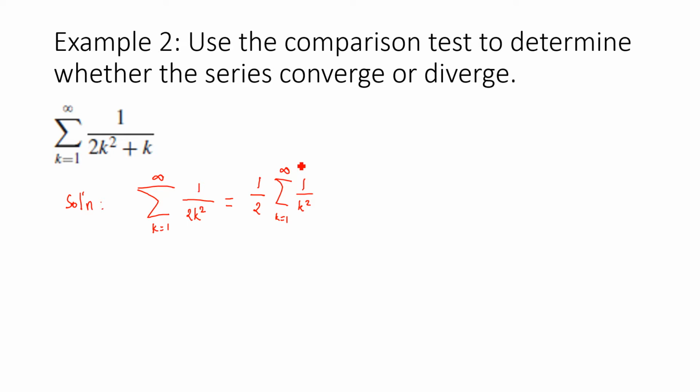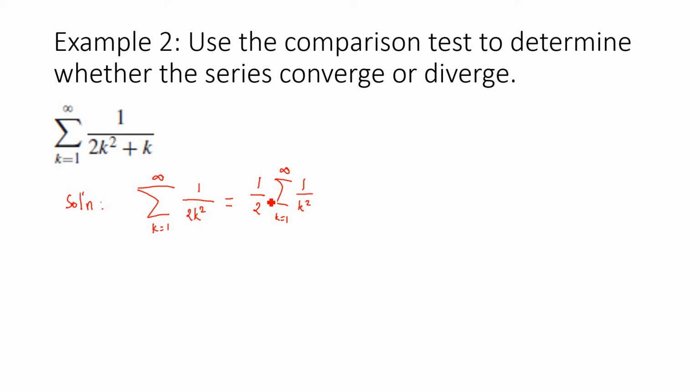In this case, we know from the previous examples that 1 over k squared is a convergent series. And since it's a convergent sequence, it's also a convergent series.